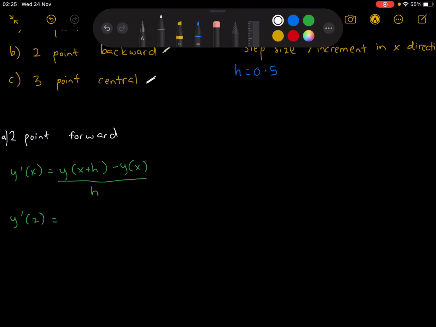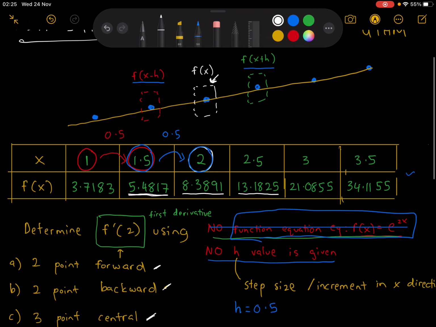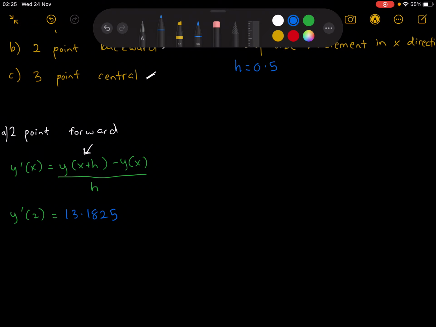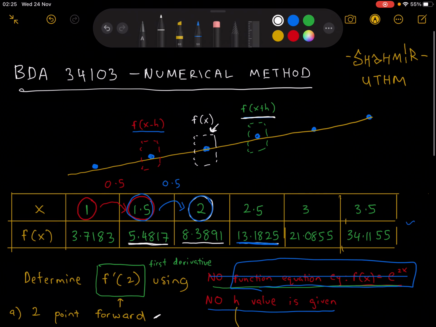look back at the data that we have, y(x+h). This is our y(x+h), and the value of y(x+h) is given as 13.1825. Next one would be y(x). What is our value of y(x)? This is our y(x), 8.3891.